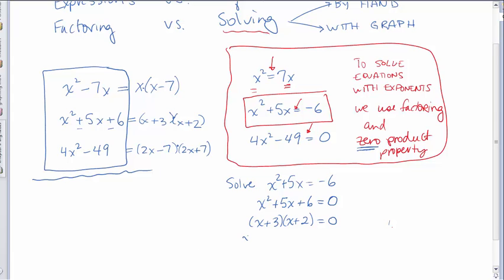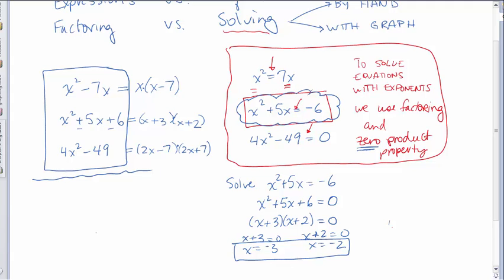And then that means that each of those factors could be 0. So my solutions are negative 3 or negative 2. Now, I didn't know exactly what the numbers were, but I knew way at the beginning, way up here, what my answer was going to look like.